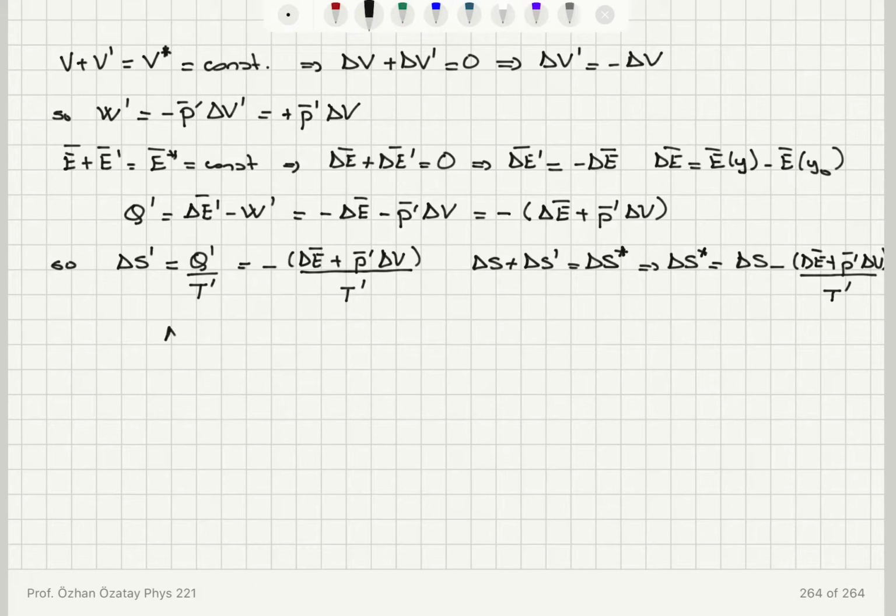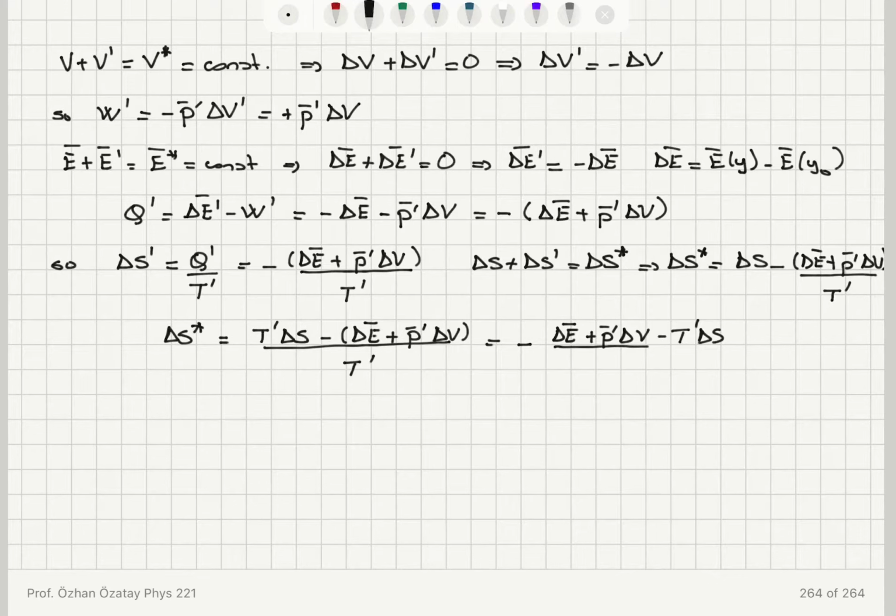Therefore the change in the total entropy delta S star is equal to T prime delta S minus delta E bar plus P prime delta V divided by T prime. We can also write this as minus parentheses delta E plus P prime delta V minus T prime delta S divided by T prime.